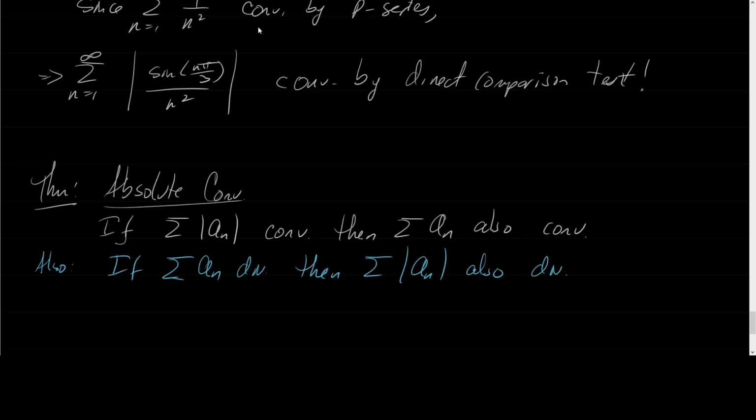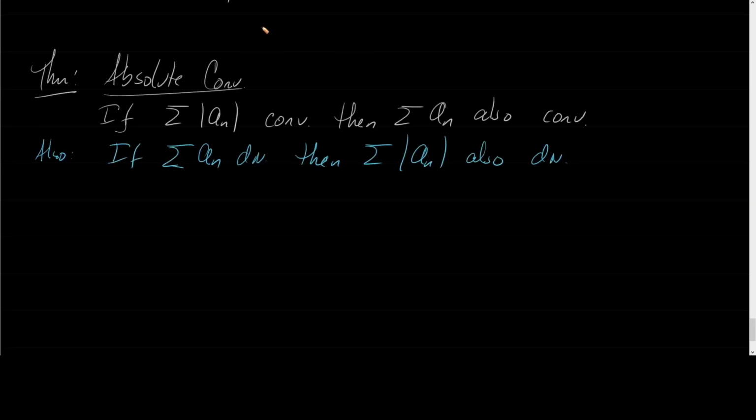What this is not saying is that if the non-absolute value converges, then the absolute value also converges. It is definitely not saying that. This is a false statement in general.